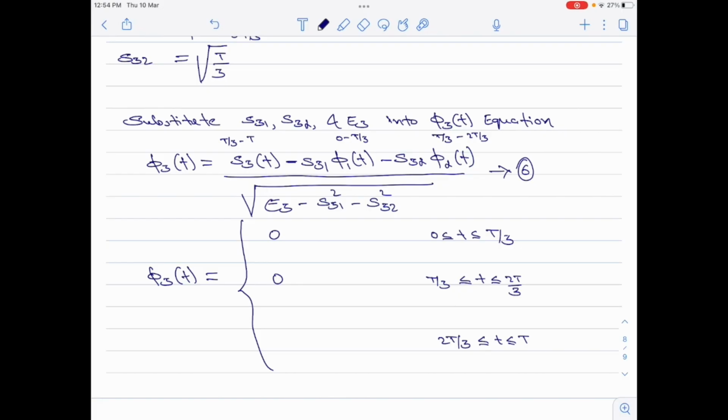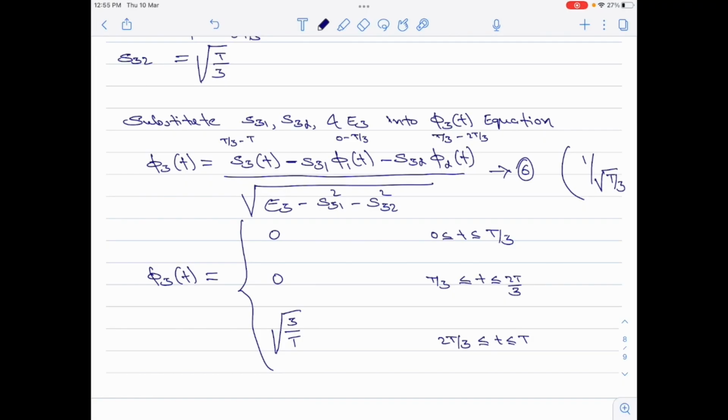So, it will reduce to t by 3. So, the complete equation will be something like 1 divided by square root of t divided by 3. So, when I take the 3 to the numerator, the answer becomes square root of 3 divided by t. This is the final answer for the third basis function. Right. So, that is how you find the basis functions for a given set of signals.